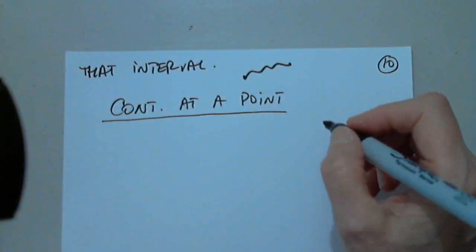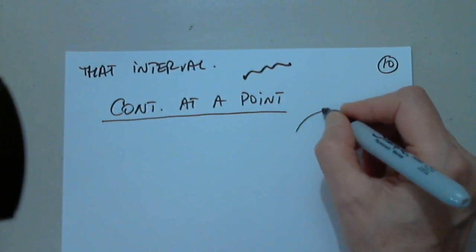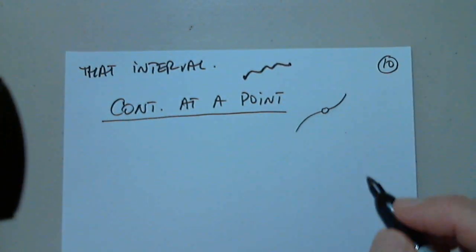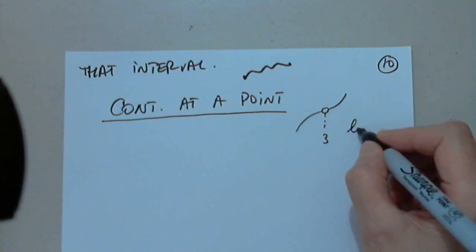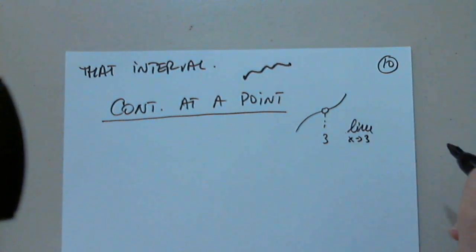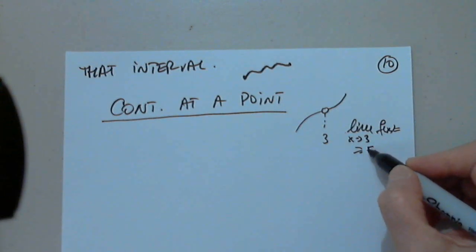Now, do you remember when we talked about limits? What did we say about this? Does this function have a limit at 3? The limit as x approaches 3 from either side of f of x. Does it exist or not? It does exist. Yes, exists.